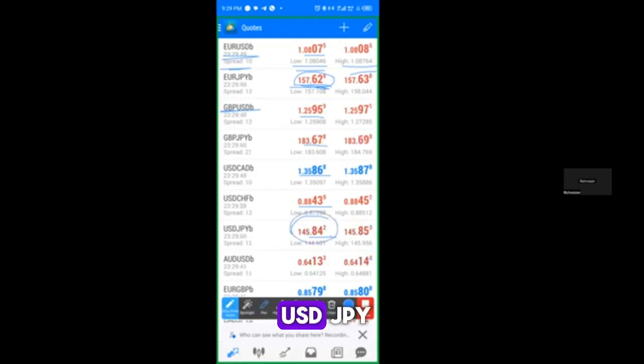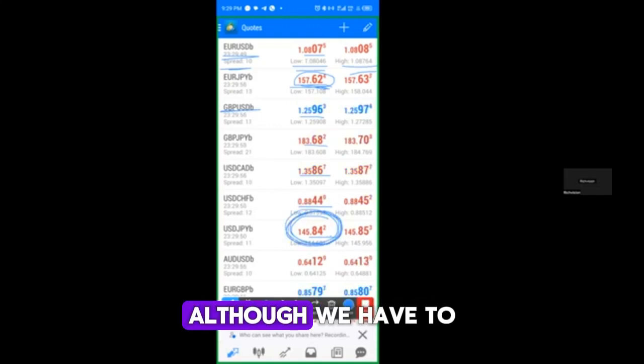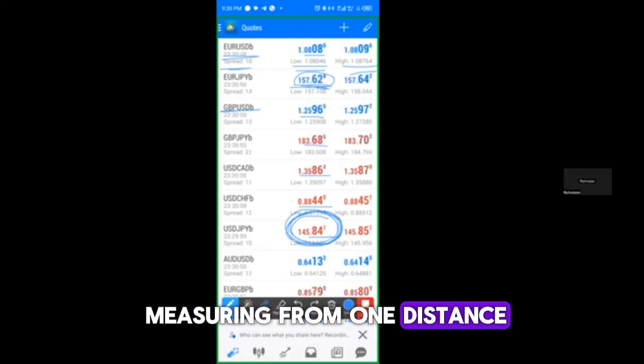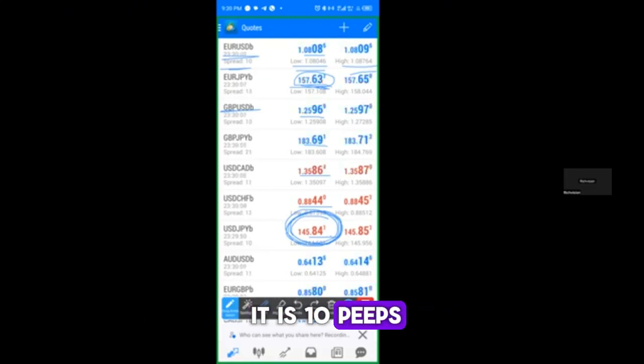So you can see USD JPY. This one now is what? We can say this is 84, although we have to measure it from a distance before we can say it's 84. This is not 84 pips. You have to be measuring from one distance to another before we can say it is 10 pips or 20 pips. Now, we are going to do something which is very, very practical.